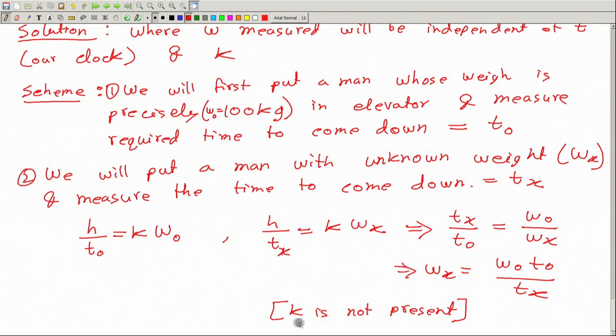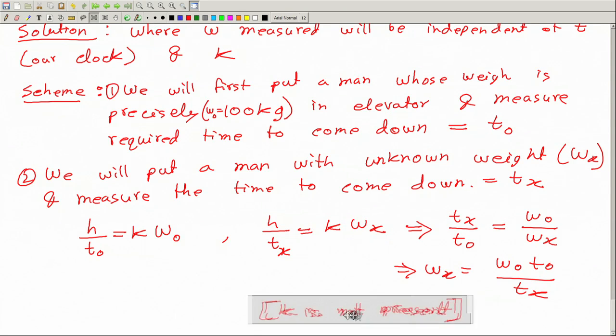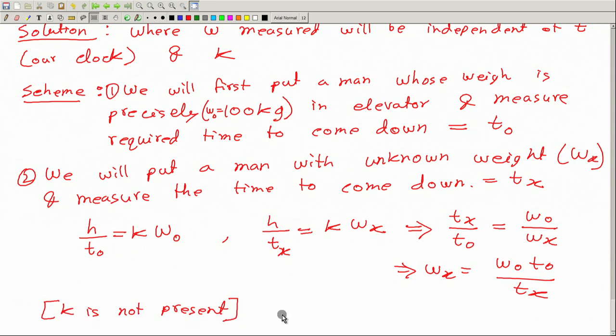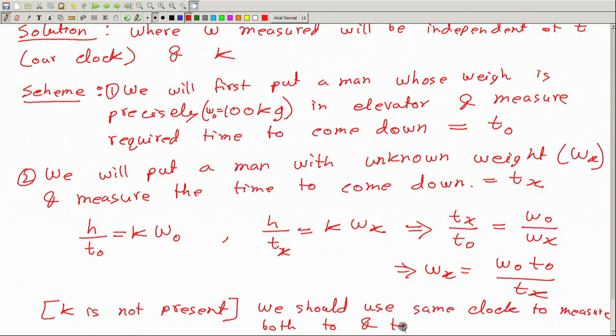So also let me write that we should use the same clock to measure both t0 and tx. So these are the two observations.